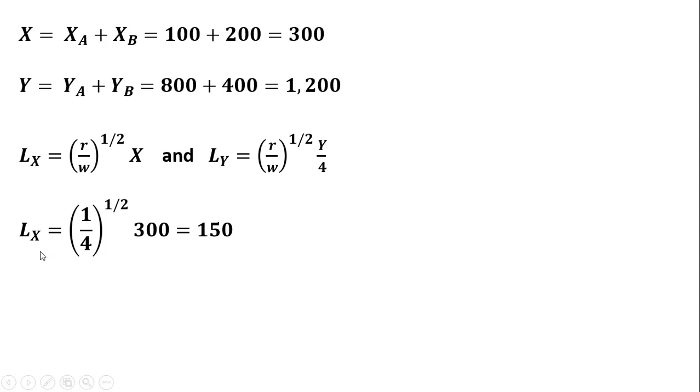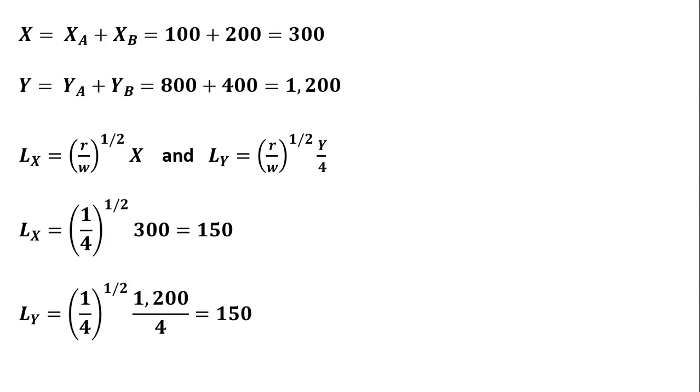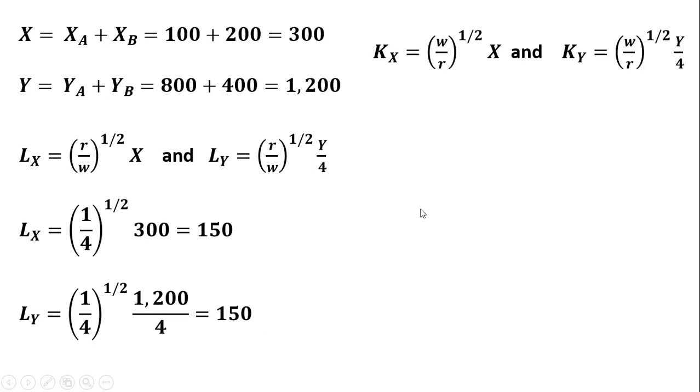So input demand for good X. Labor input demand for good X is 150. Labor input demand for good Y will be 150. Simplifying this, 1/2 and then 1200 divided by 8, so yes, it'll be 150.